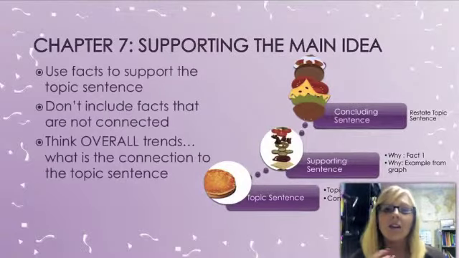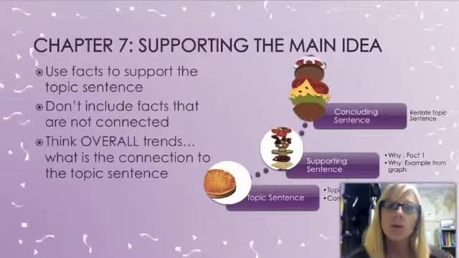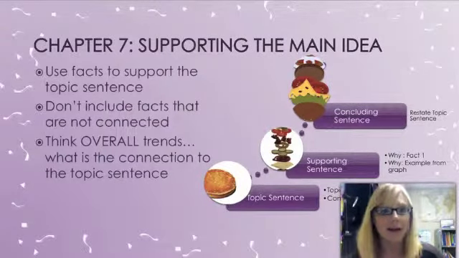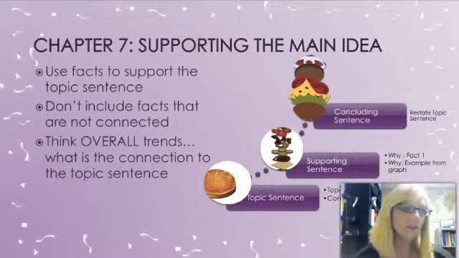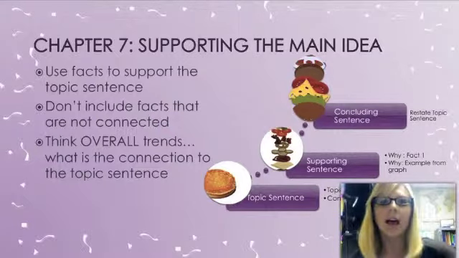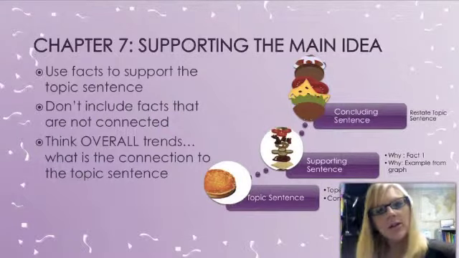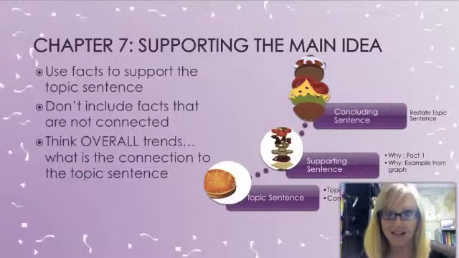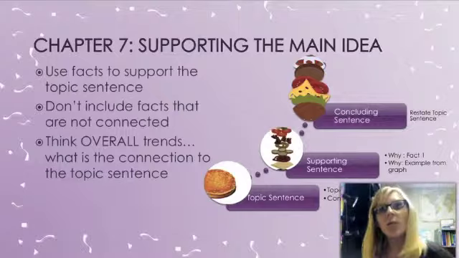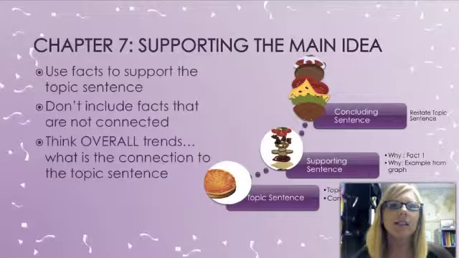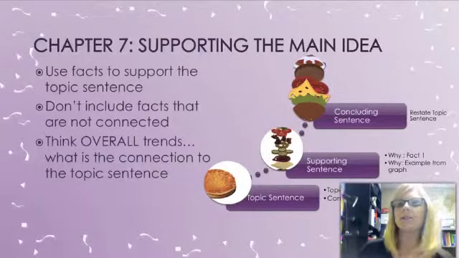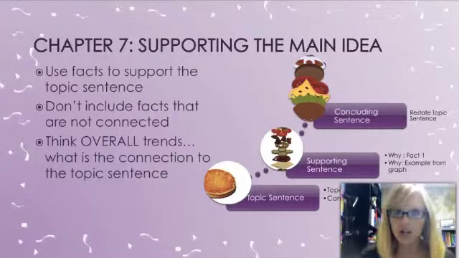Now, the other thing that I want you guys to remember when you are supporting the main idea is you are going to use facts overall to support this topic sentence, but you're not going to include facts that are not connected. So, when I give you a graph, when I give you a chart, the purpose is not to see, oh, can they write a sentence describing the change?